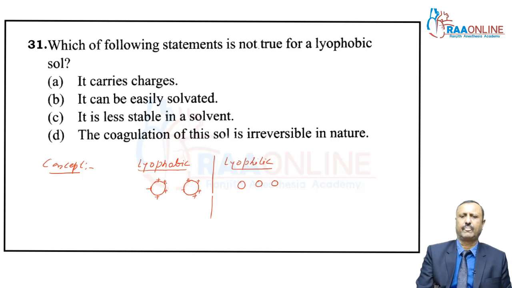But here no solvent layer is adsorbed by the lyophobic, whereas a positive charge is also present on lyophilic. After this positive charge is adsorbed by lyophilic, a solvated layer or water molecule layer is also adsorbed.